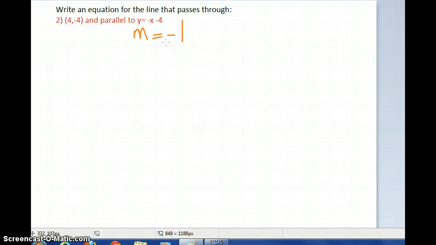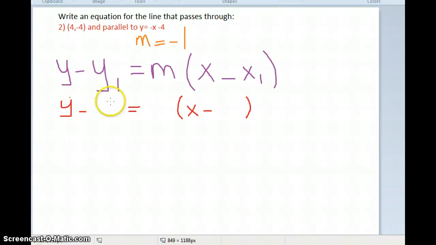You can use either method, same idea. I'll use the second method that I showed you, point-slope form, which we just did, and I'm plugging in numbers for y1, m, and x1.